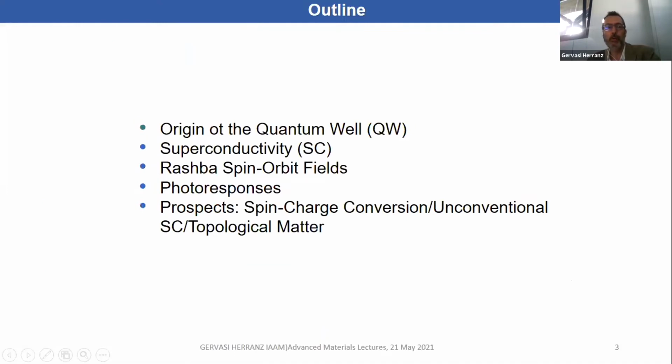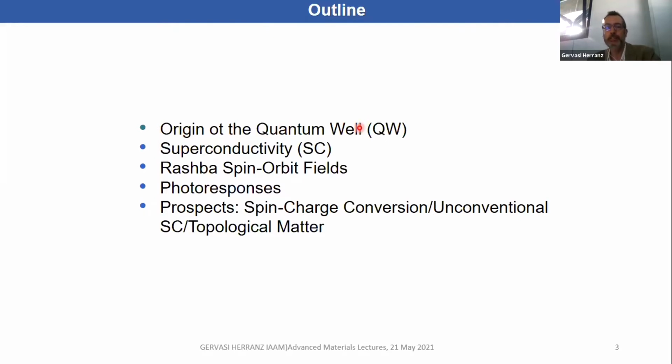So here, what I want to explain briefly is what is the interest of these oxide quantum wells. In the first place, I would like to introduce very shortly the origin: how is this quantum well formed?